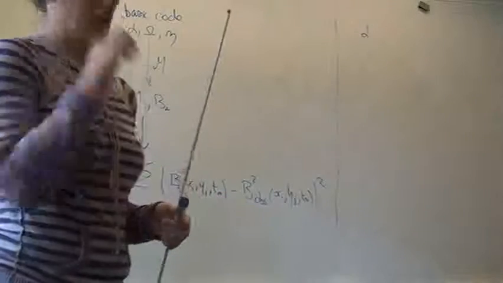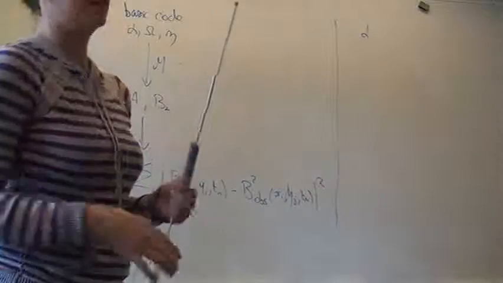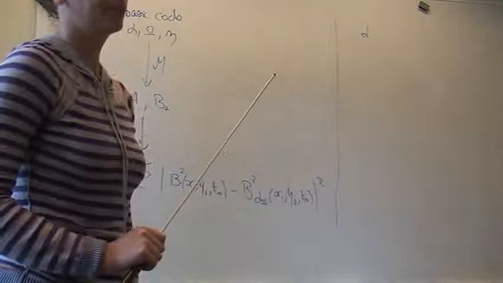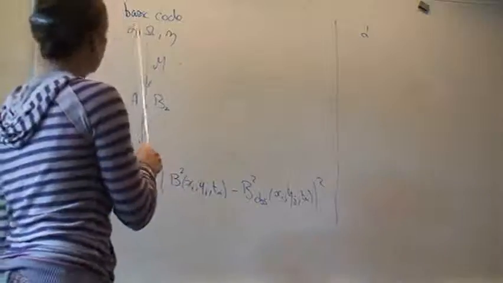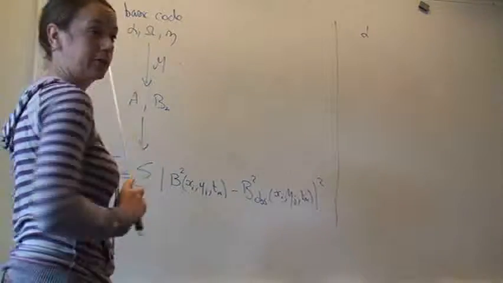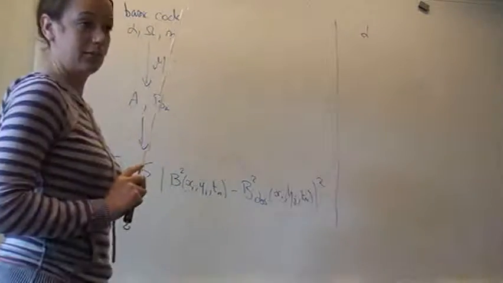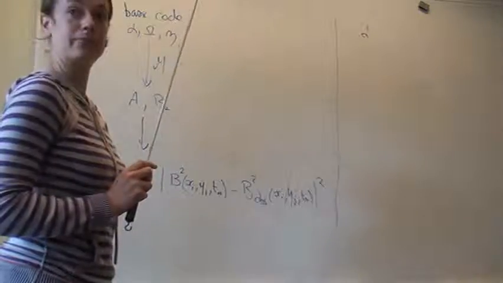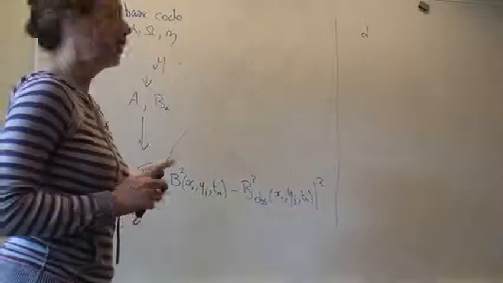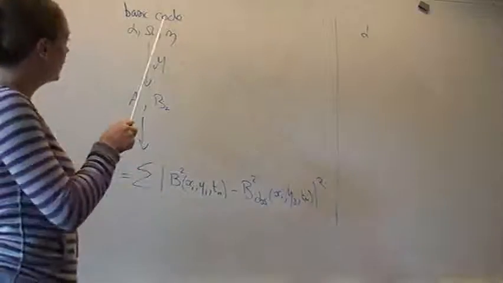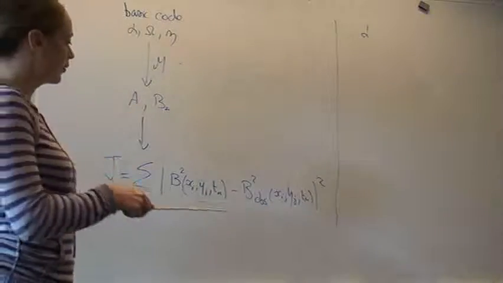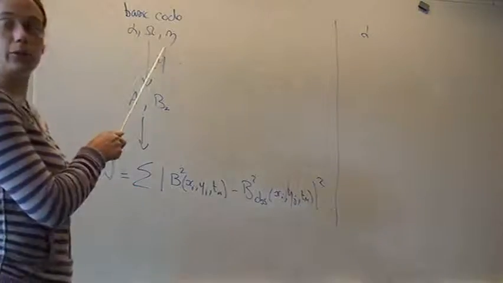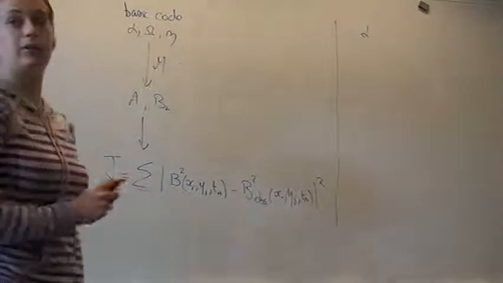What is the parameter here? Alpha 0, omega 0, and eta. Is it the coefficient in this equation for alpha, or the whole function? I can have the whole function, so it's an arbitrary function. Aren't you trying to find the optimal form of alpha, to fit your observations? Yes. The idea is to run my basic code, get the cost function, and minimize it to get back to which parameters were used to create my observations.